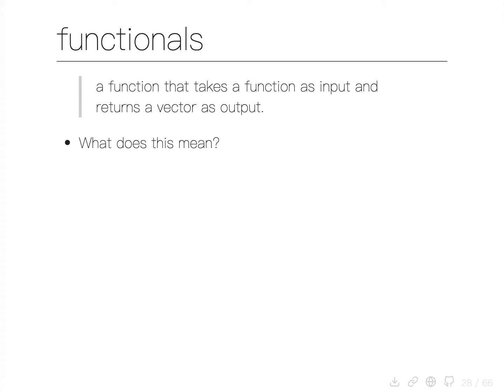So lapply, for example, takes a vector as its first argument, but its second argument is a function, right? And so it applies that function to each element of the vector, and it returns a vector. In the case of lapply, it returns a list every time.